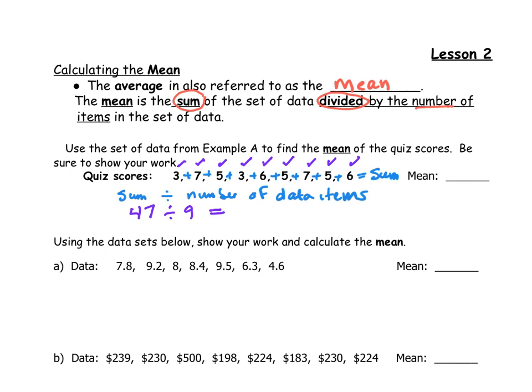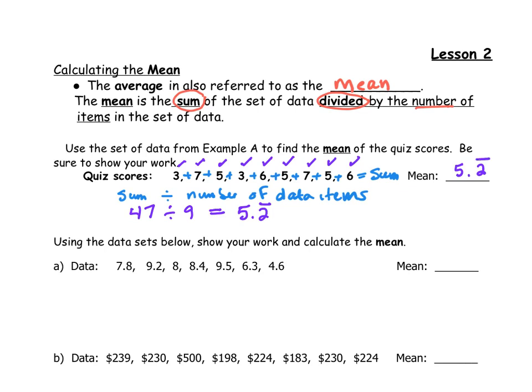If you need to pause, you can take 47 divided by 9 on your calculator, and you're going to get 5.2 repeating. So I'm glad we used this example because sometimes our mean does not actually end up being a nice whole number. So we're going to write this as 5.2 repeating.